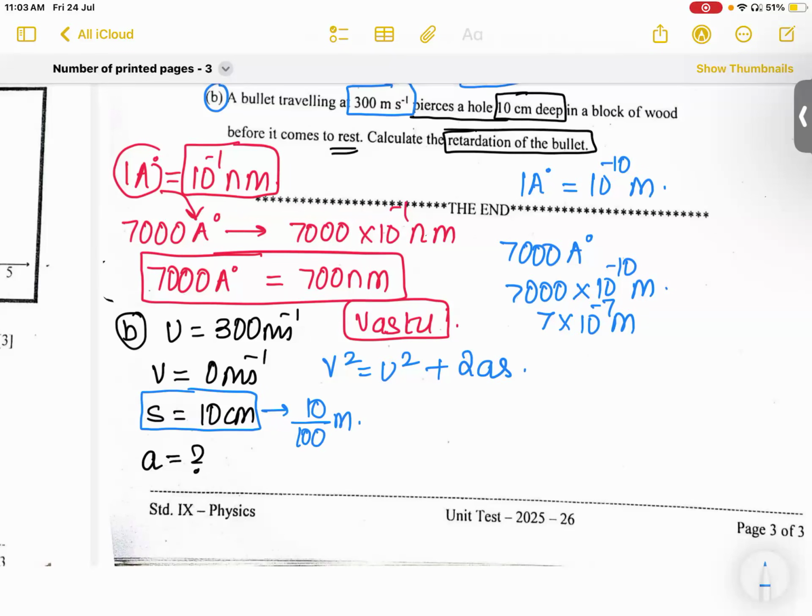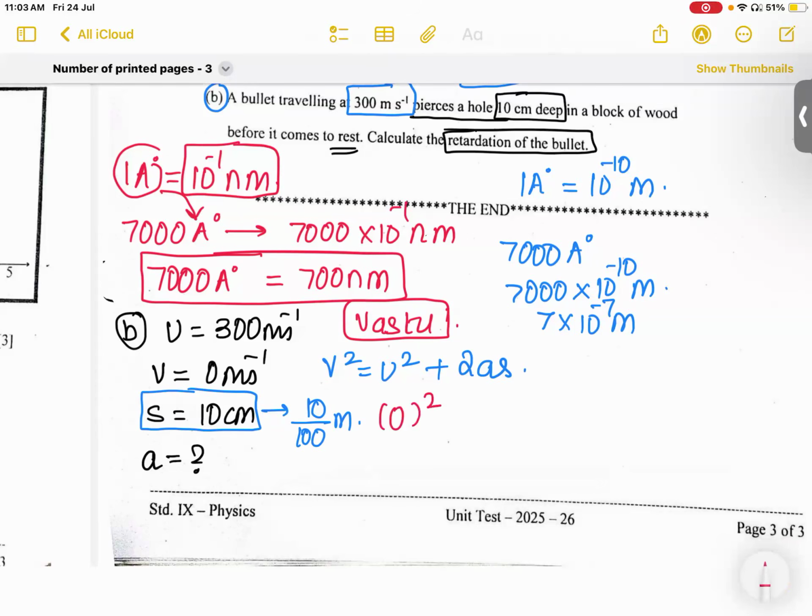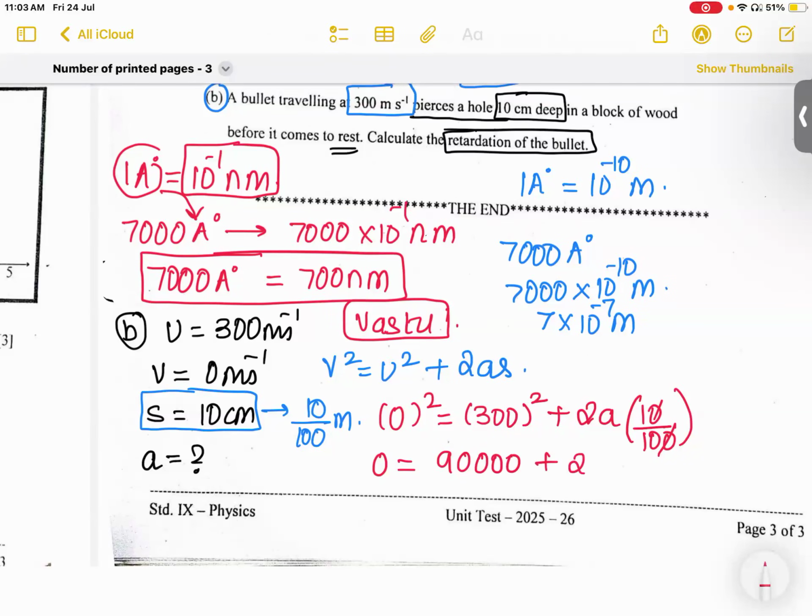Now let's substitute. V given to me is 0. So this will be 0 square is equal to u, which is 300 square, plus 2a, displacement is 10 upon 100, kids. This 0 gets cancelled. 0 square is 0. 300 square is 9 with 4 zeros, plus 2a upon 10.